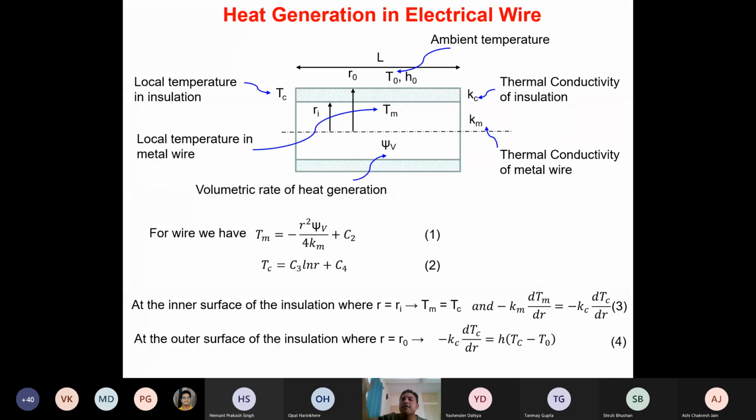So the boundary condition which we looked at, at R equals R naught, T will be T naught. That particular boundary condition is not correct. Instead of that, we should have at R equals R naught convective boundary conditions. So at R equals R naught, minus K dT by dr should be equal to H times (T naught minus Tc), isn't it?